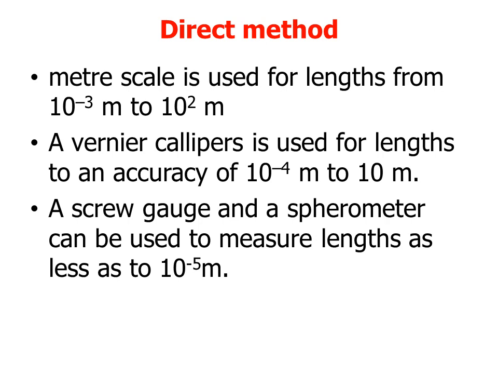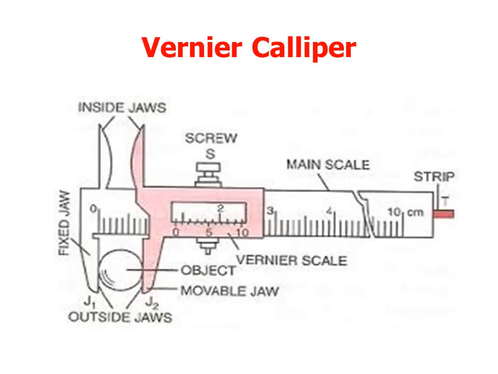The meter scale is used for lengths from 10 power minus 3 meter to 10 power 2 meter. A vernier caliper is used for length to an accuracy of 10 power minus 4 meter to 10 meter. A screw gauge and a spherometer can be used to measure lengths as small as 10 power minus 5 meter. These are all what we are measuring directly.